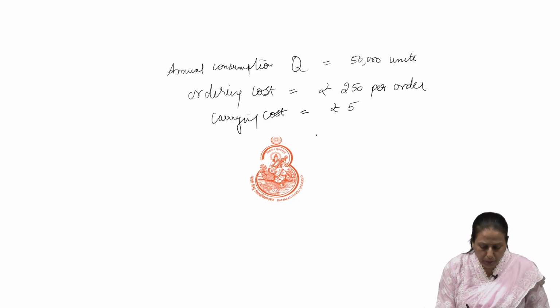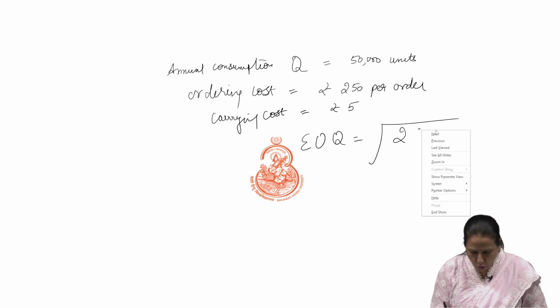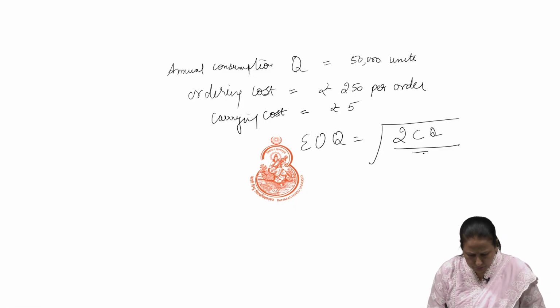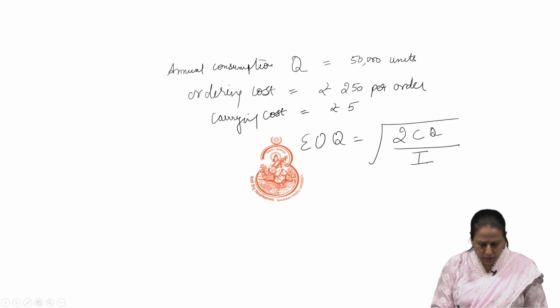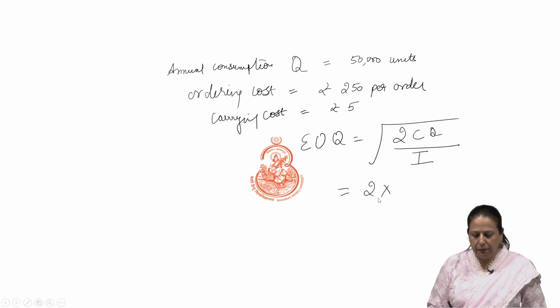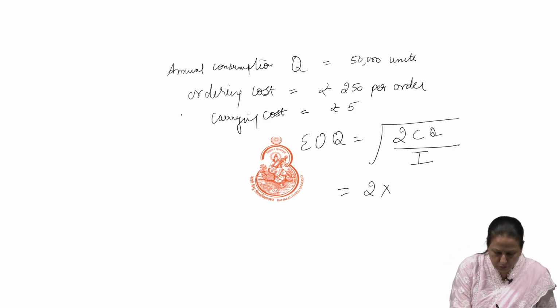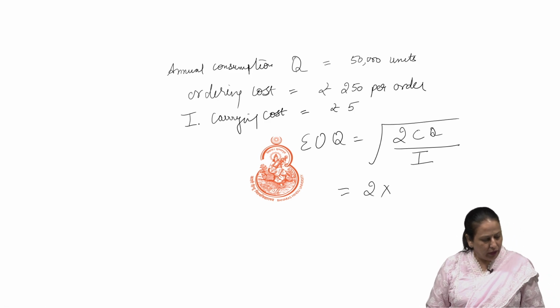So, when we are computing EOQ, we use the formula square root of 2CQ upon I. Here the C is my carrying cost, which we denote as I, and the ordering cost is there.